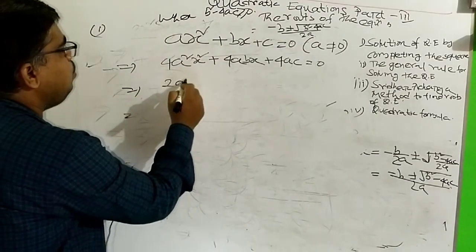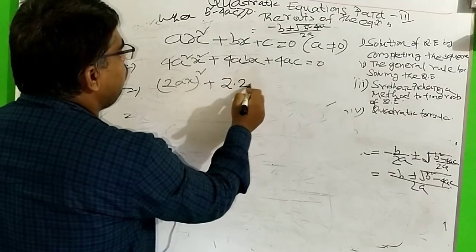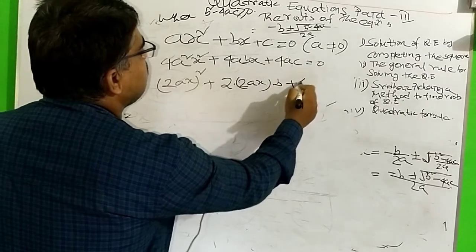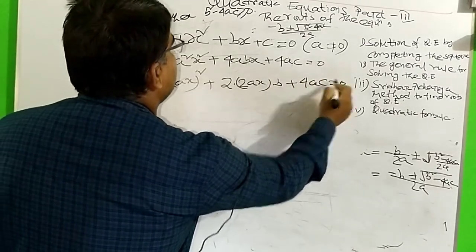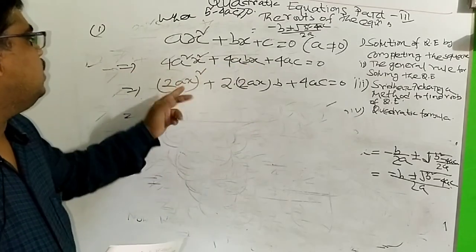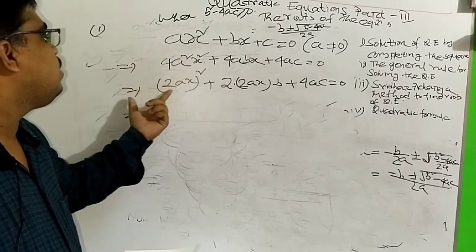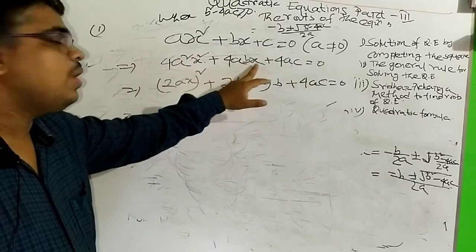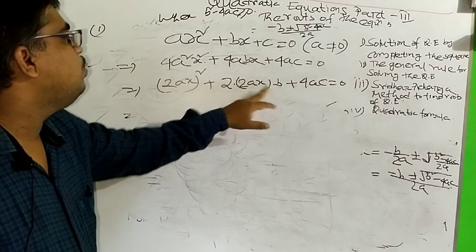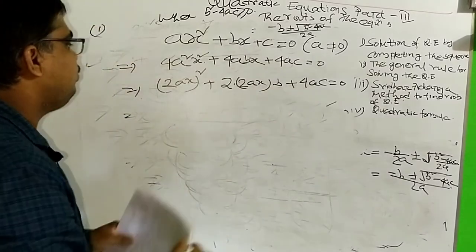We write it as 2ax whole square. You see 4a square x square is the perfect square term, that is we write (2ax) whole square. Again 4abx can be taken as 2 into 2ax into b, and then 4ac.